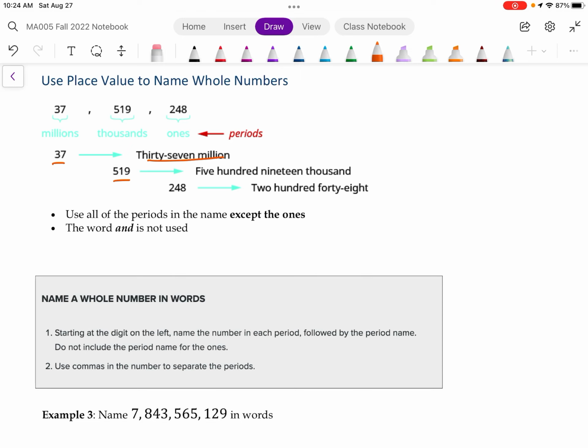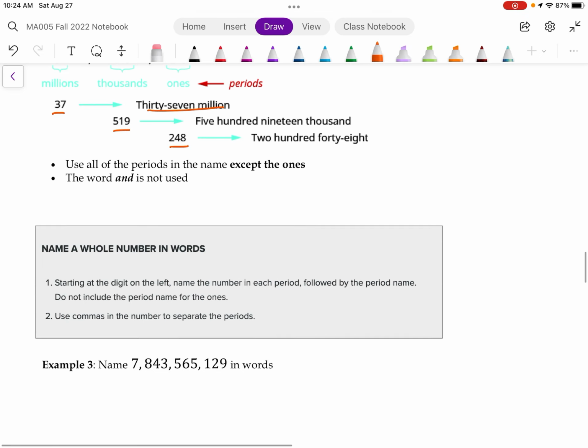Notice I didn't say and. So we don't put ands everywhere. We just leave out the ands. I know at some point we were taught that, but now we just leave out the ands because it makes it easier. 519,000, because it's in the thousands place. 248, we don't say 248 ones. We just say 248. Okay, and we don't say and.